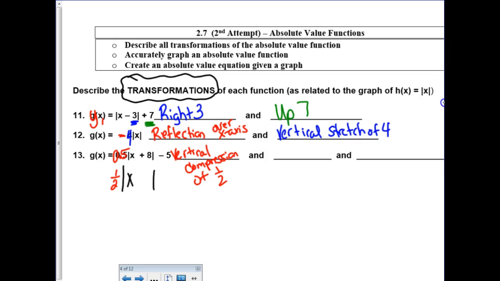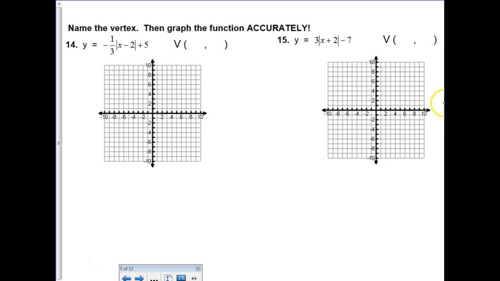The next transformation I see is this x plus 8. So remember, in the formula, it's x minus h. So if you want to think of it that way, h is really a negative 8, meaning it went to the left 8 units, excuse me. And then this negative 5 off to the side here is the vertical shift of down 5. Again, if you want to try graphing it on the calculator, if you're stuck, that's a good way to confirm that you've done this properly.